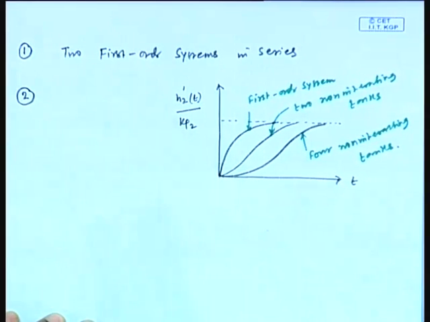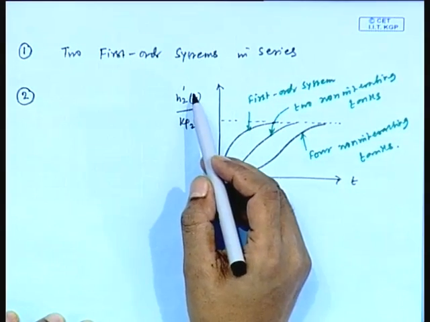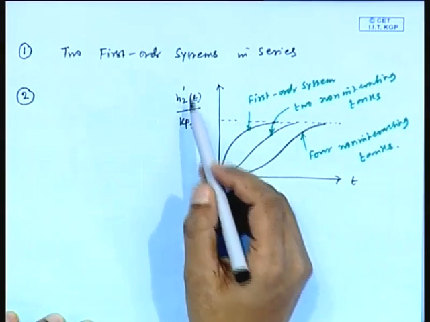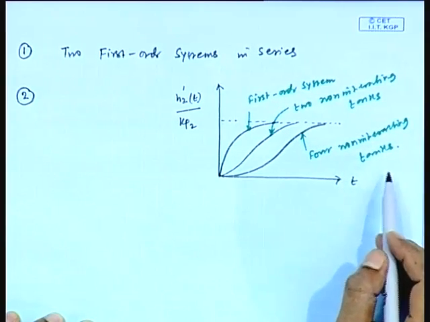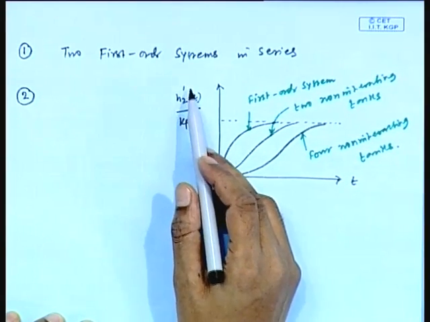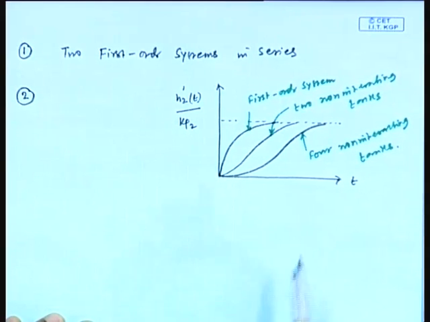For two non-interacting tanks, this should be H2 divided by Kp2 or H2 prime by Kp2. For four non-interacting tanks, this should be H4 prime t divided by Kp4. So, this is the dynamic behavior of three systems.